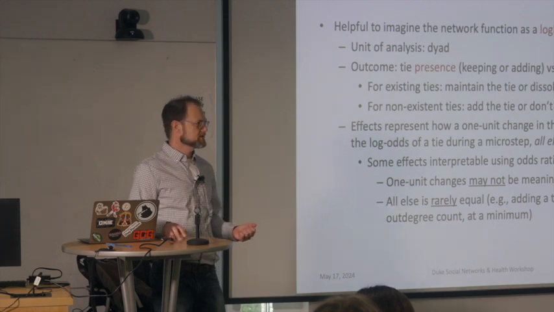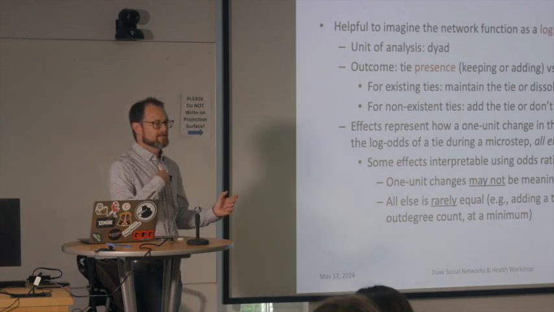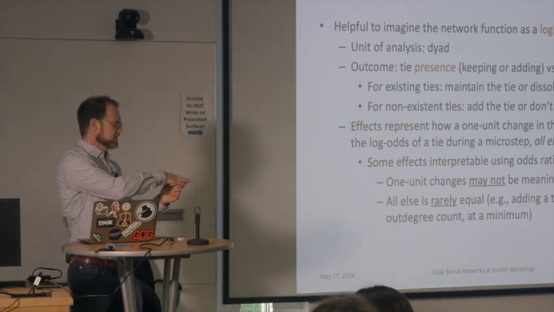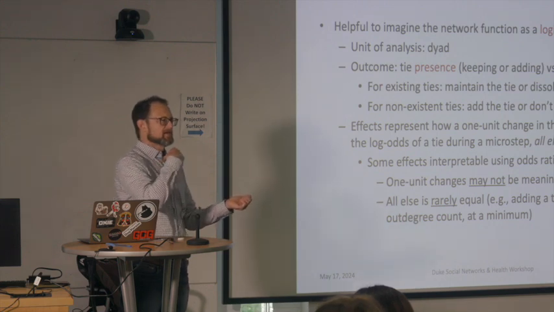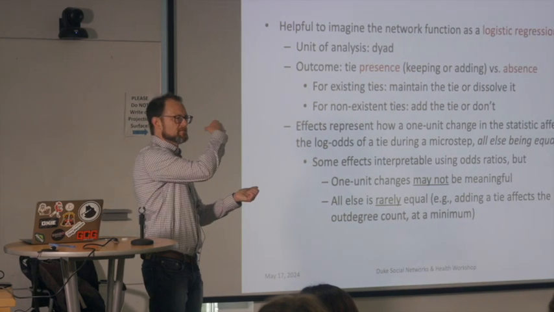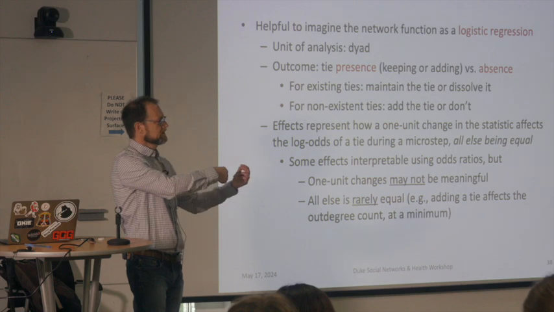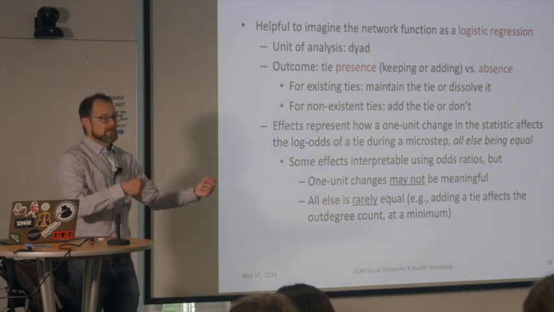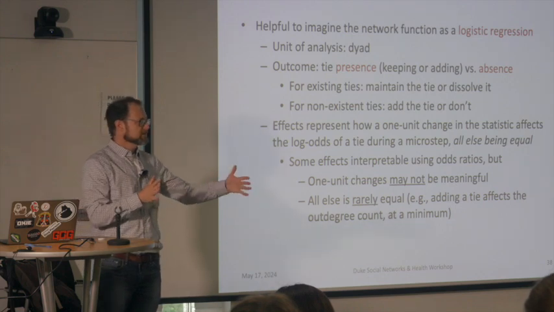Think of it as a logistic regression where the unit of analysis is the dyad, but instead of the probability or the odds of a tie, it's the probability or log odds of an actor selecting an alter within one of those small change opportunities.